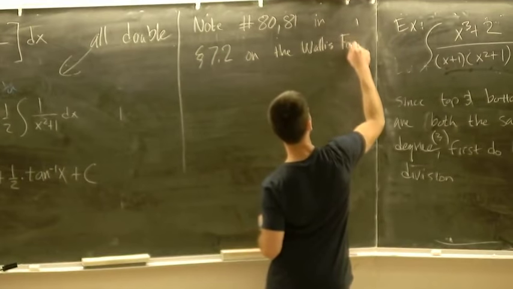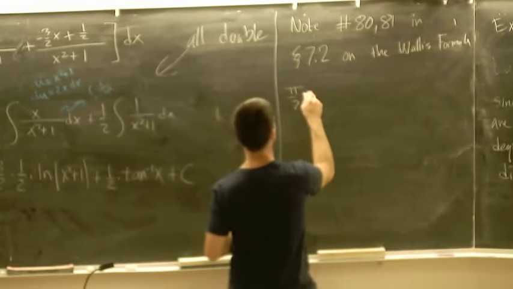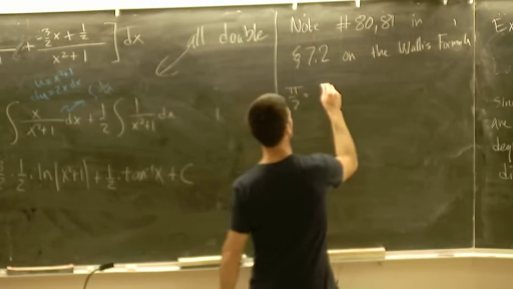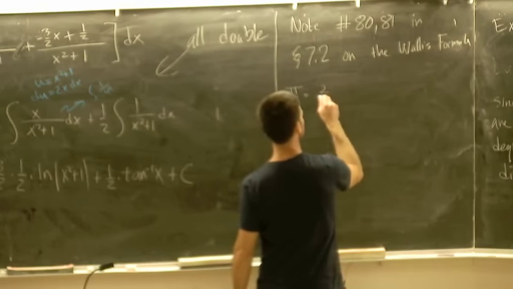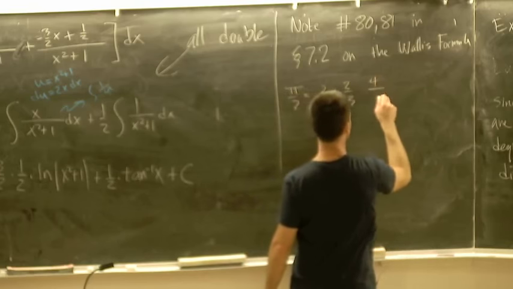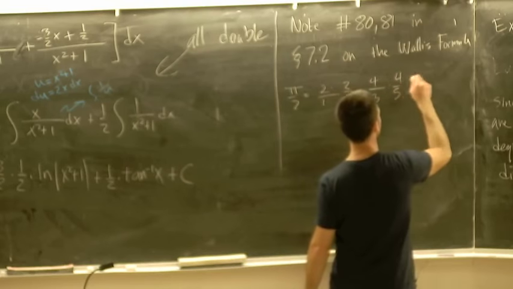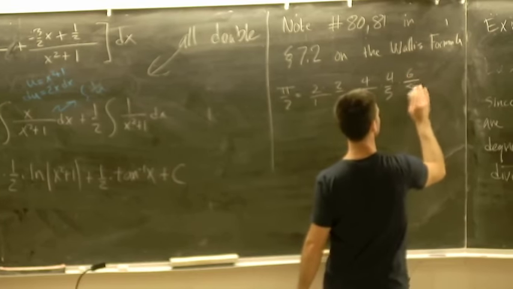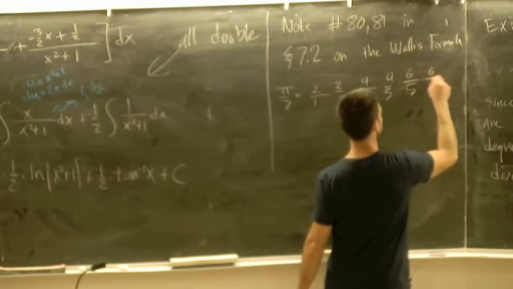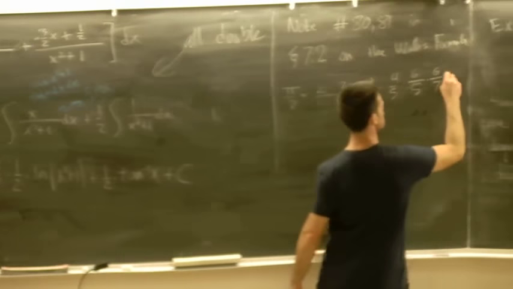On the Wallis formula for pi, which says that pi over 2 is equal to 2 over 1 times 2 over 3 times 4 over 3 times 4 over 5 times 6 over 5 times 6 over 7 and so forth.